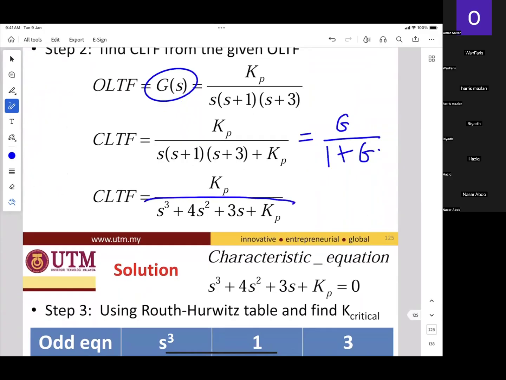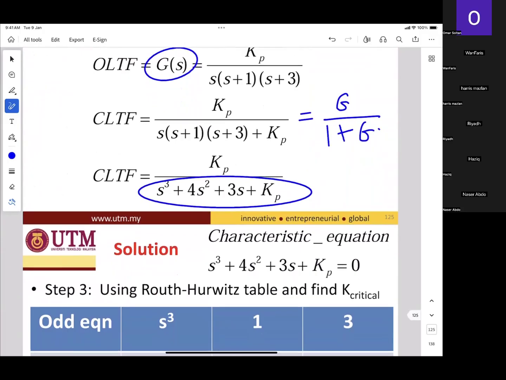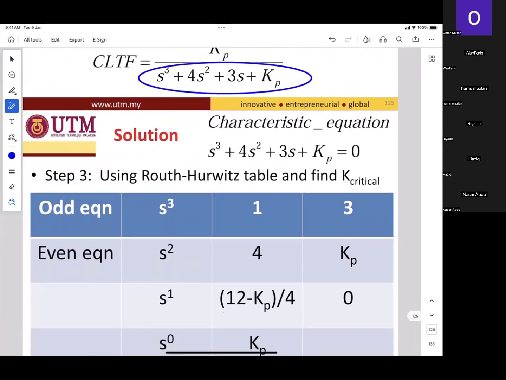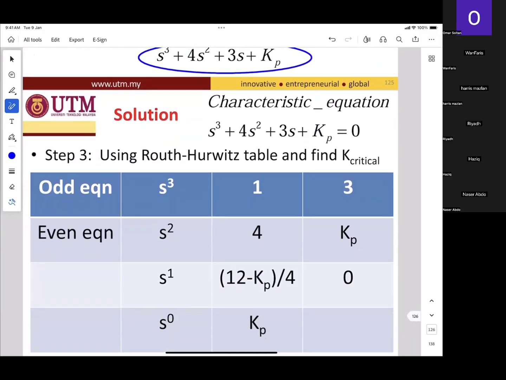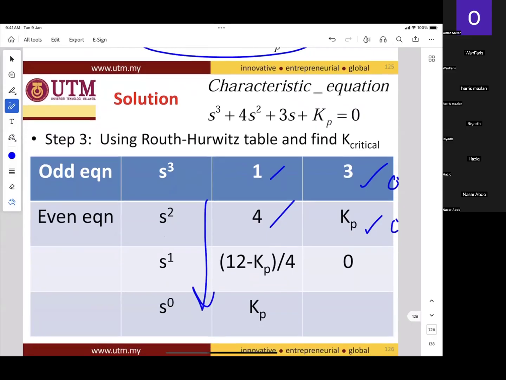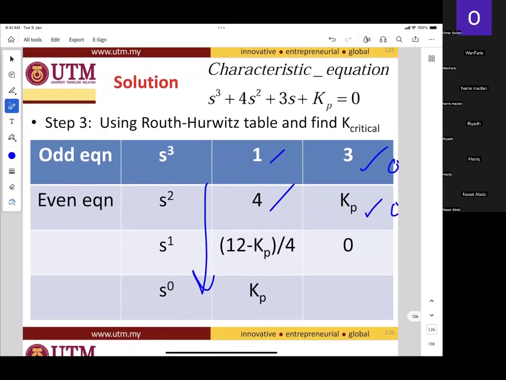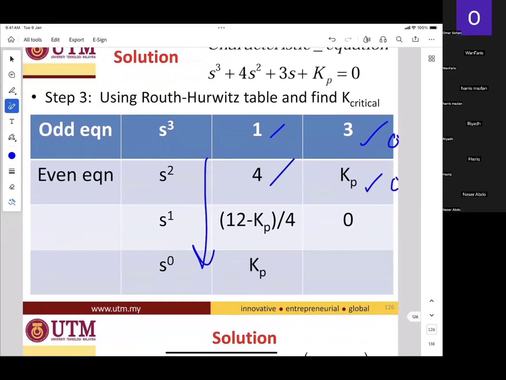Okay, and this is your characteristic equation. Insert inside the Routh array, where 1, 4, 3, and Kp. Then beside is 0, 0, 0. Then fill up the next column, which is row s1 and s0.